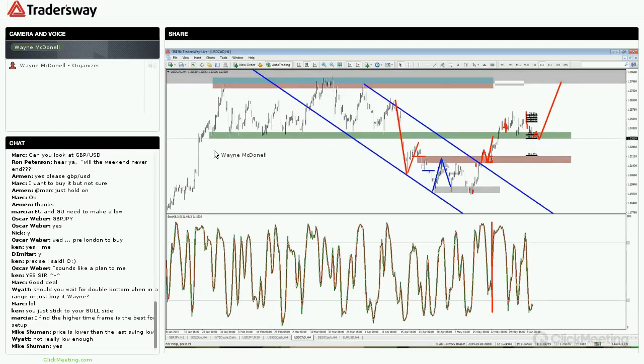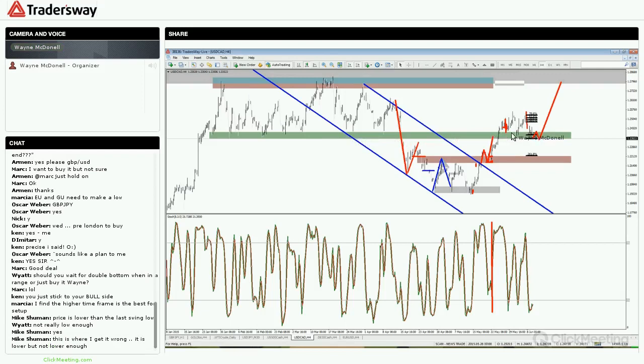Actually, January, it looks like. So it was support, like I could really get in there, right? Support, support, support, and so on. Yeah, so it might go up.